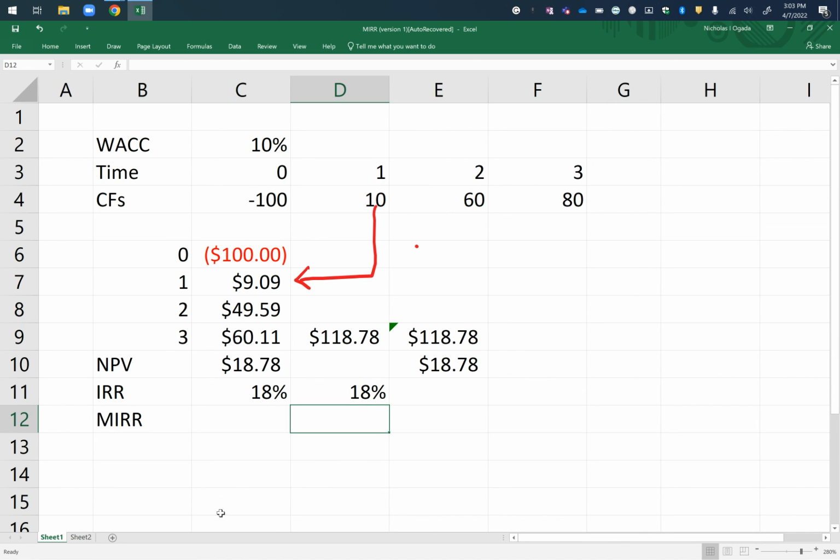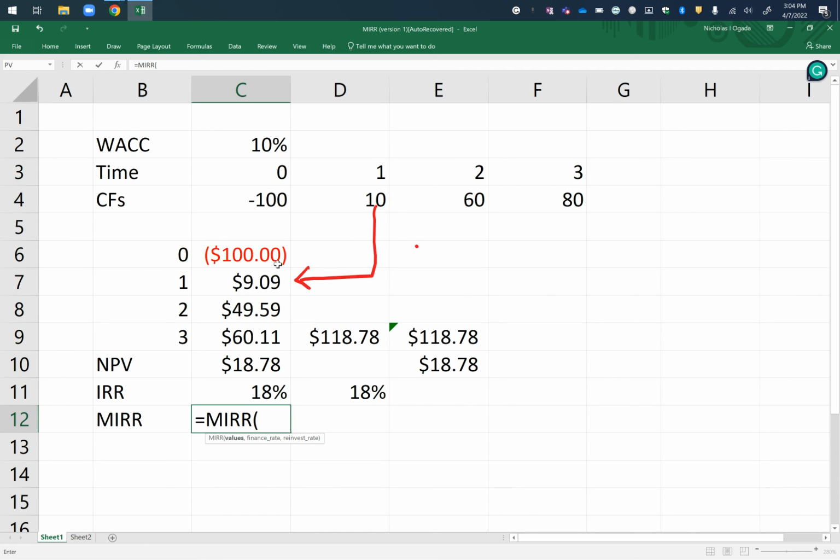As for the modified internal rate of return, I'll use equals MIRR, open the parentheses, and use the guidance. I need to enter my values, then the financing rate and reinvestment rate. As we know, the financing rate and reinvestment rate are the same as the cost of capital. So we assume that under the modified internal rate of return, the investment and reinvestment rate are the same as the weighted average cost of capital.